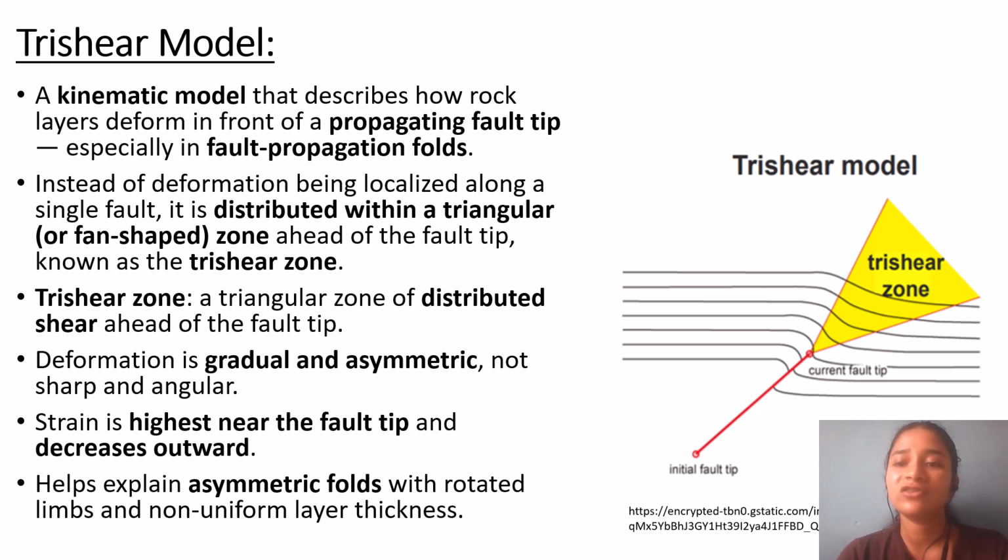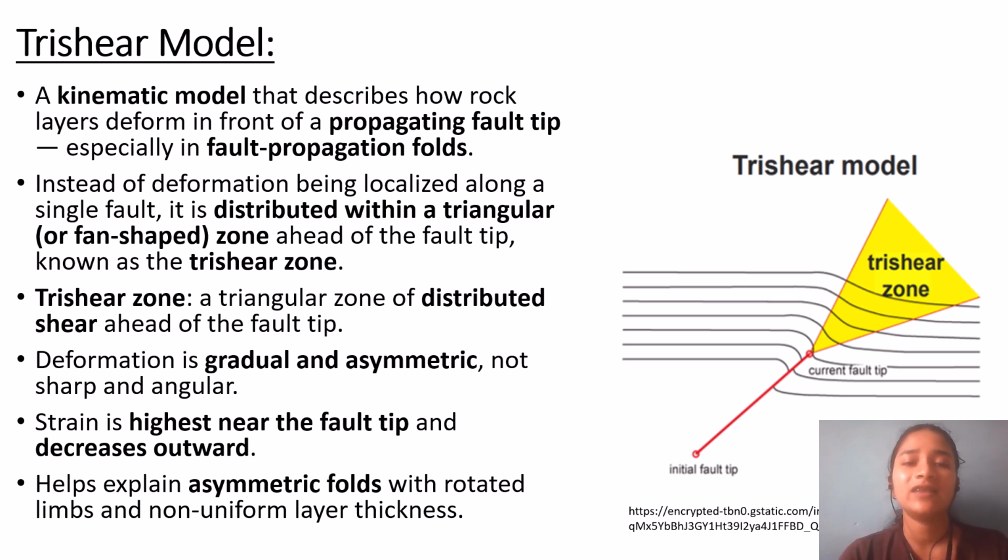In the diagram, which is shown in yellow, this zone widens away from the fault tip and represents an area of distributed shear. You can see how the rock layers get progressively more wrapped and asymmetric as you move through the zone.